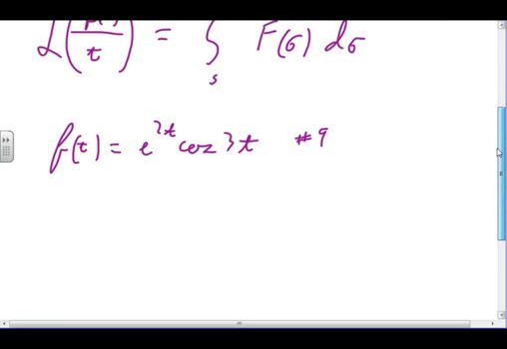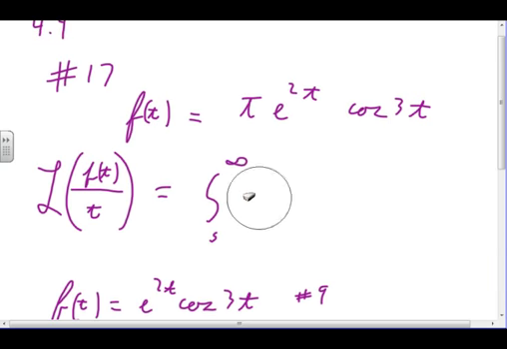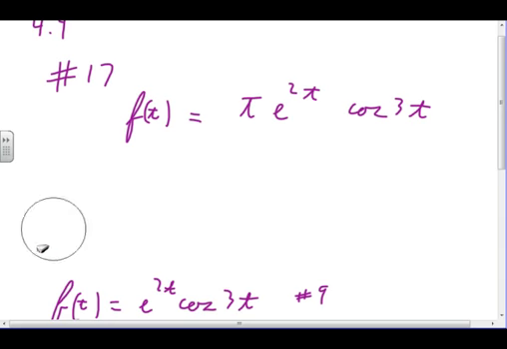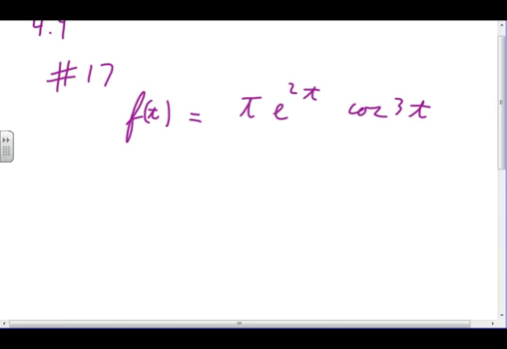So we're going to do it differently. I'm going to use theorem 2.